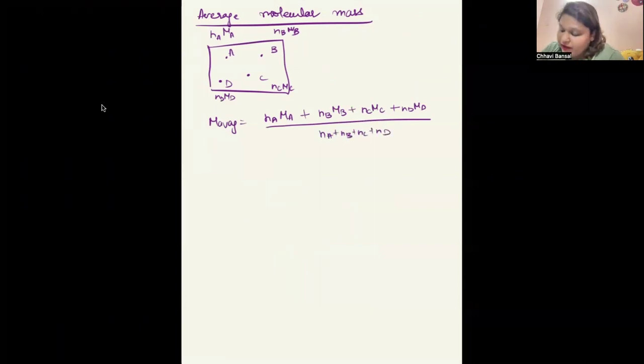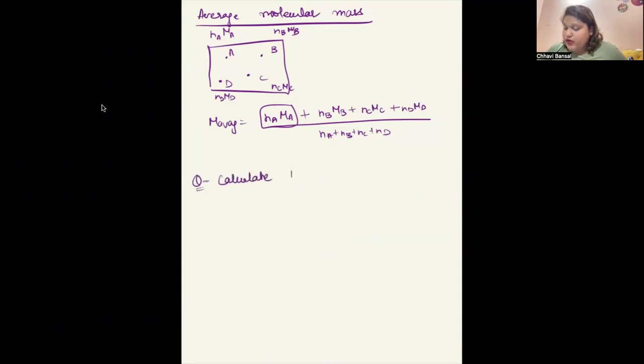It means we have calculated the average of all the individual molecular masses, multiplied by the number of moles, with respect to the total moles present in the specific mixture. Okay, this is called average molecular mass, which we find when a mixture of gases is given and we need to calculate the overall average. Okay, for example, let's do a question.